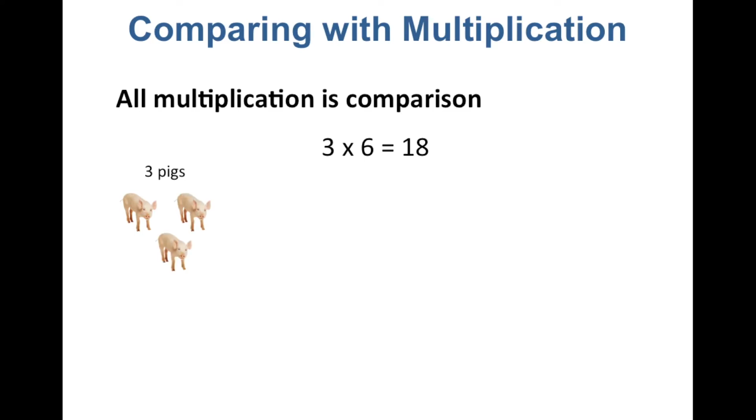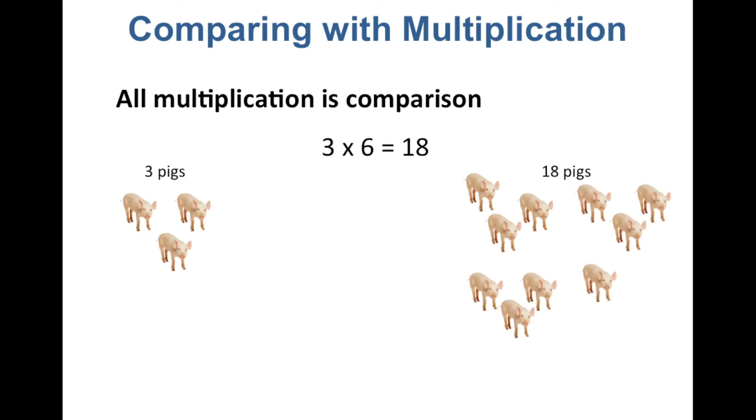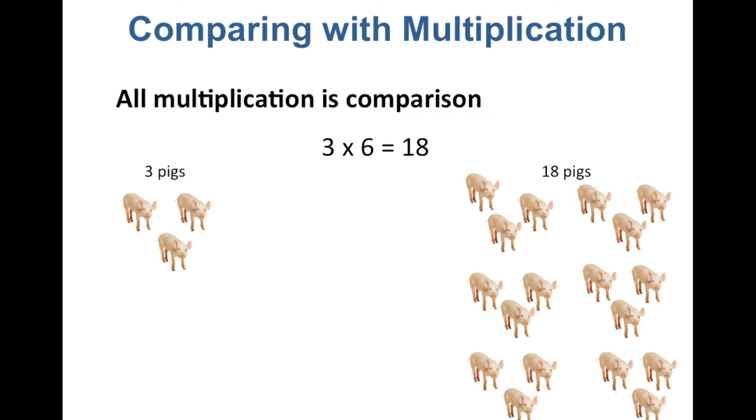So here's our 3 pigs, 1, 2, 3, and now our 18 pigs, and let's see if that looks like it's 6 times as big as 3. 1, 2, 3, 4, 5, 6, 7, 8, 9, 10, 11, 12, 13, 14, 15, 16, 17, 18. We can see that yes, it does look like 18 is 6 times as big as 3 because we have 6 groups of 3 pigs instead of just 1.